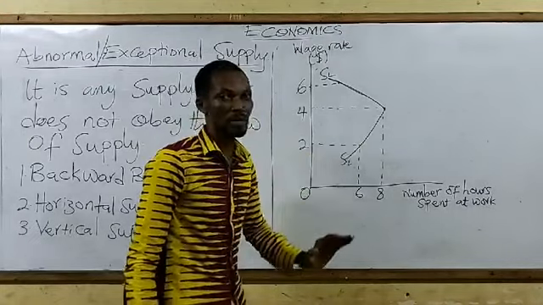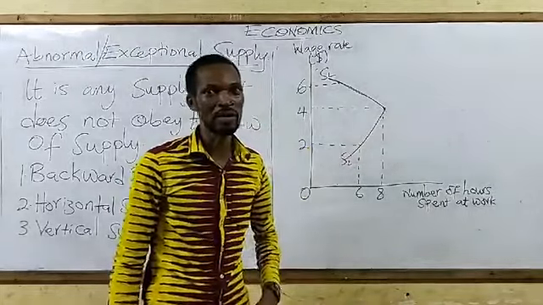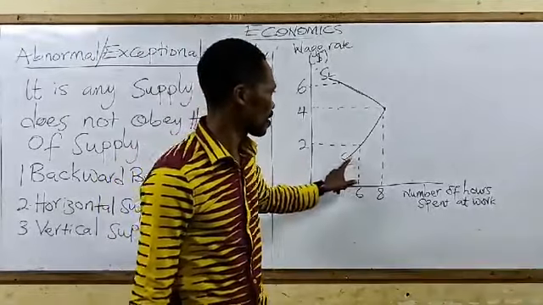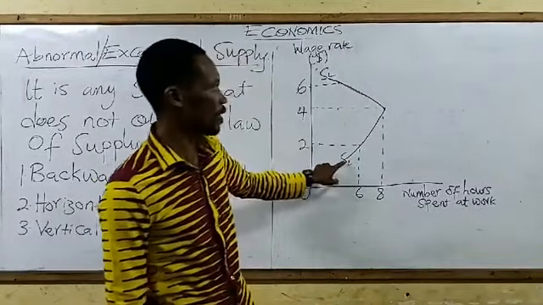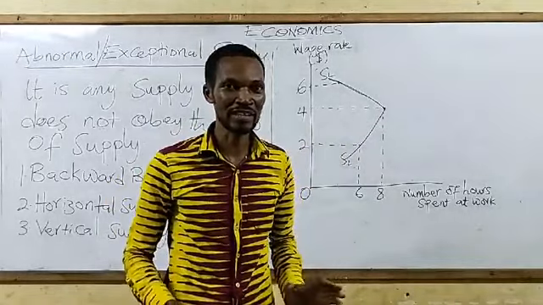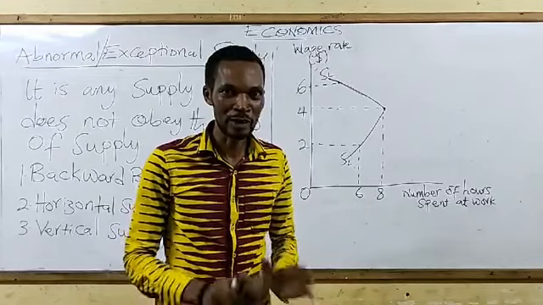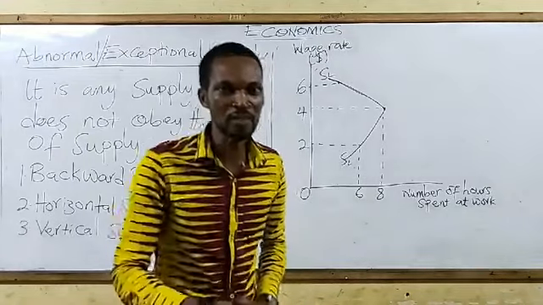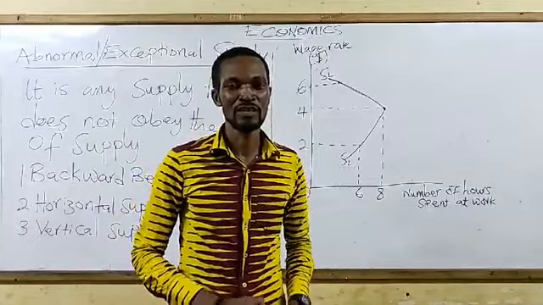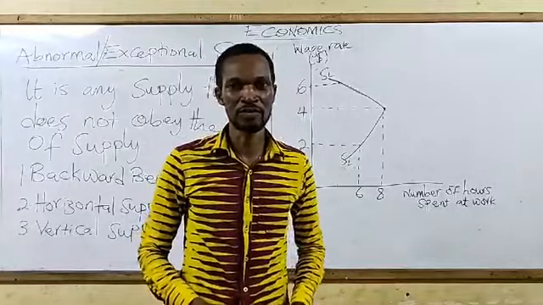This is the normal supply curve. From this point up to this point, that is the normal supply curve. So this curve, from this point to this end, is obeying the law of supply. In that case, we say it is the normal supply. But abnormal supply does not obey that law. And we'll come to the explanation in detail very soon.